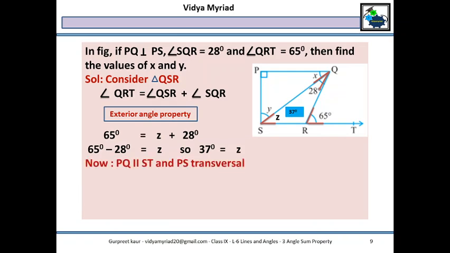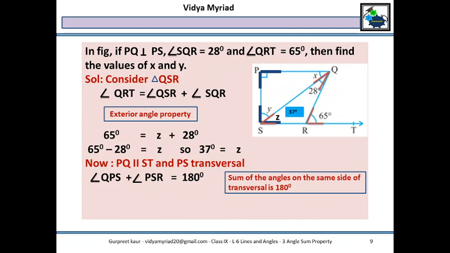Let's do that. Now PQ is parallel to ST, right? And PS is your transversal. According to the rule, the angles formed on the same side of the transversal sum to 180 degrees.